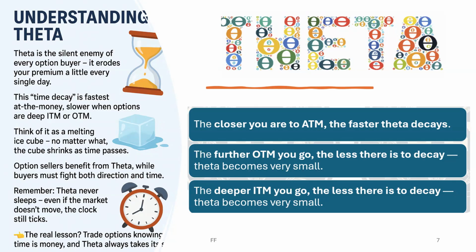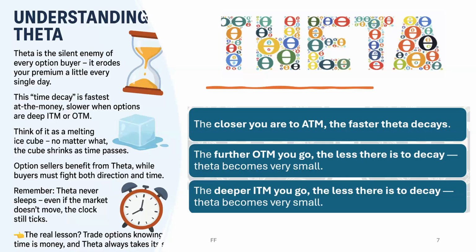We can look at time passing by as if it is melting an ice cube. So that is the way we can look at it in absolute terms, in a mental model analogy of how time really operates. Option sellers benefit from theta, while buyers must fight both direction and time.